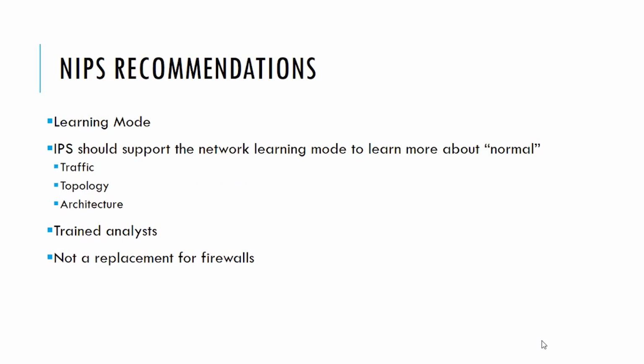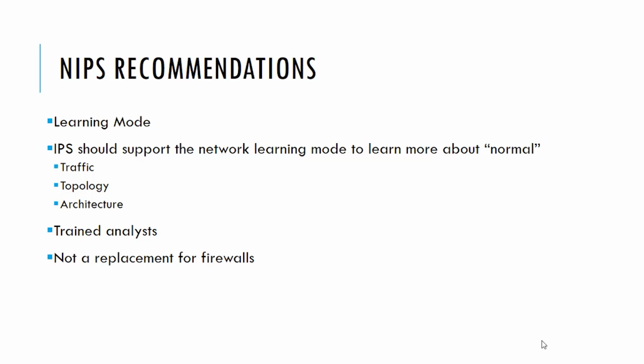Some of the recommendations regarding the network intrusion prevention system is to put it on the network in a learning mode first, to know some things about the normal traffic before starting to face the abnormal traffic and taking actions accordingly. So what should it know about the normal traffic?